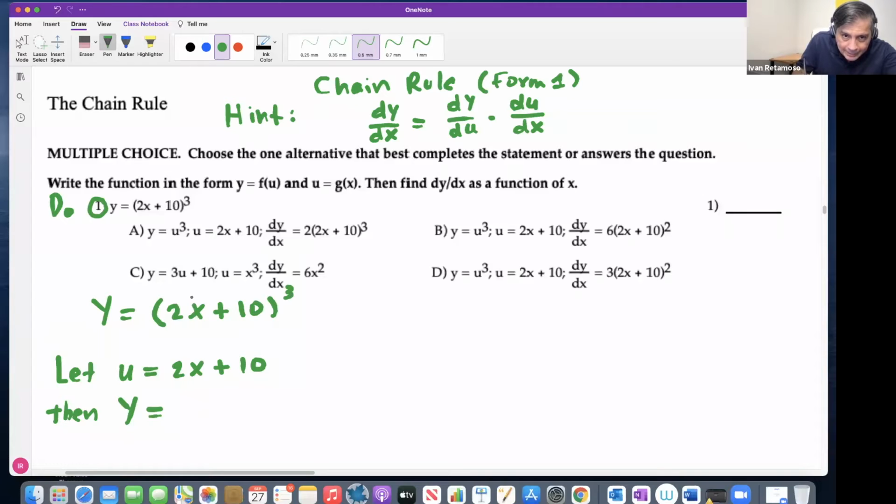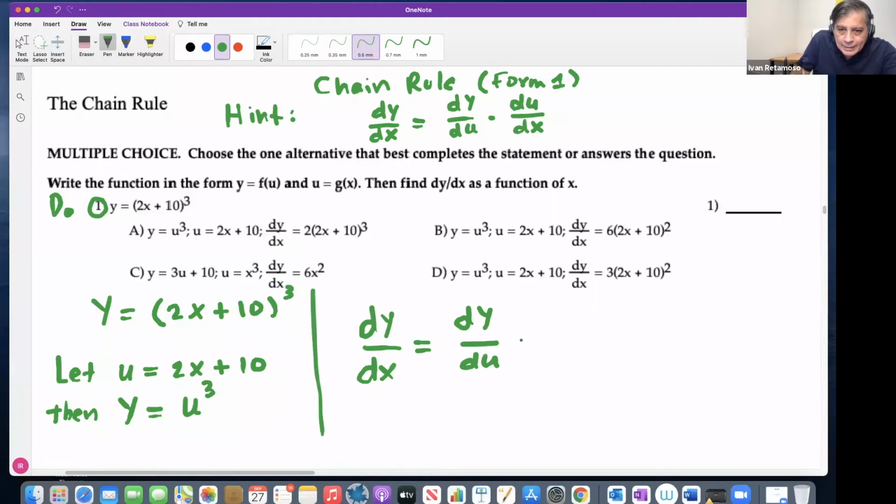Well, we are calling this u, so y should be u raised to the third power. After you do that, you should be able to find your derivative: the derivative of y with respect to u, times the derivative of u with respect to x. Chain rule in its first form. So get these, multiply them, and then simplify. Show your answer in terms of x.